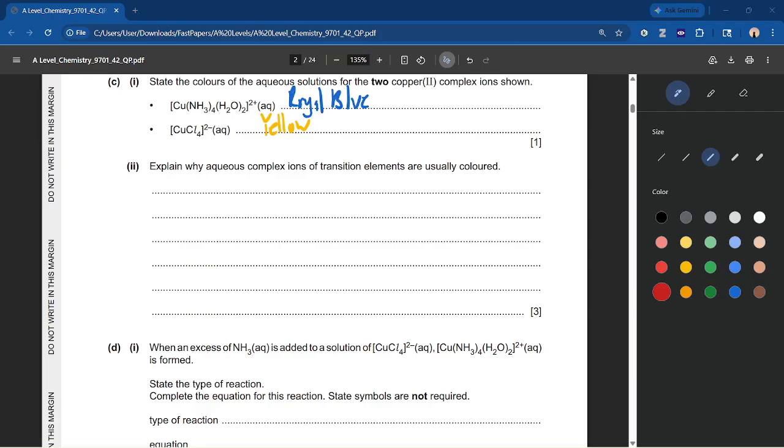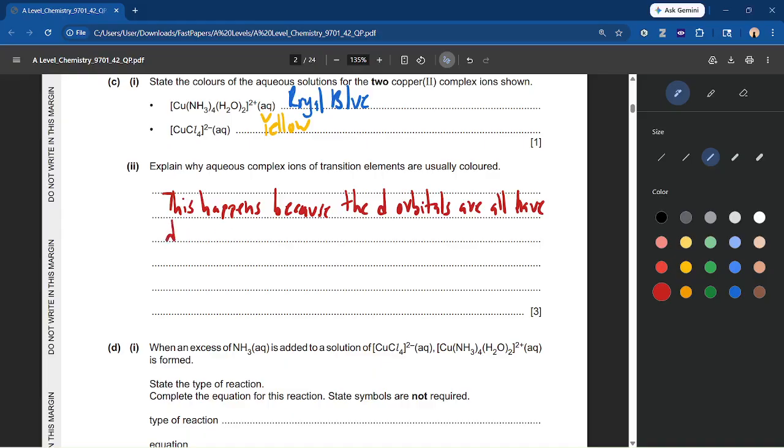One of the more important questions for the A-level examination, explain why aqueous complex ions of transition elements are usually colored. So this happens because the d orbitals all have different energies.